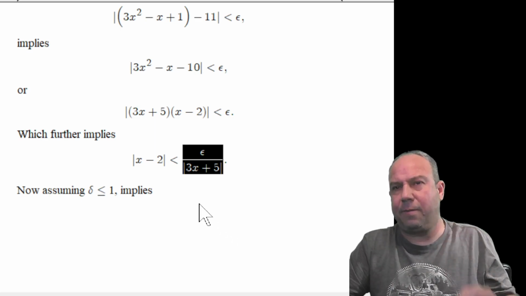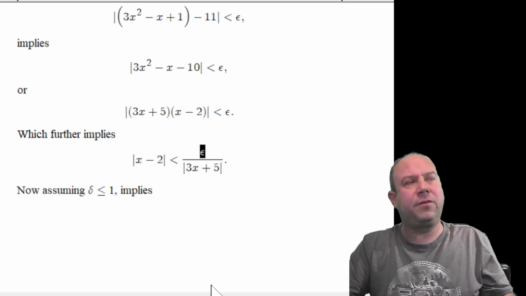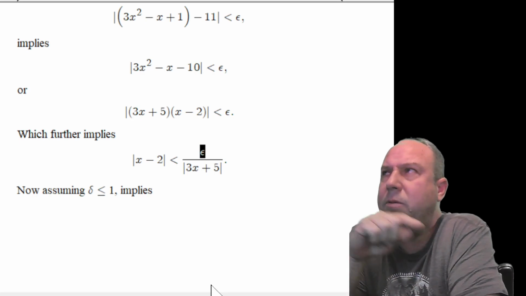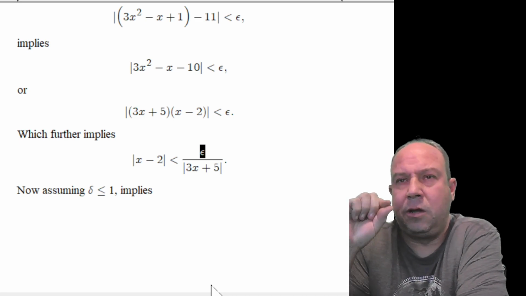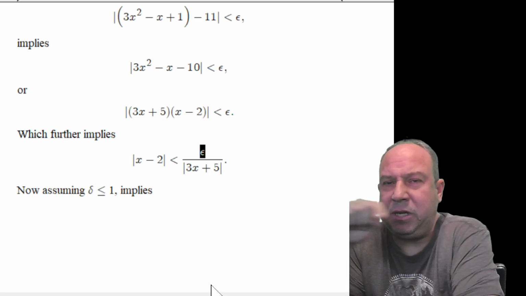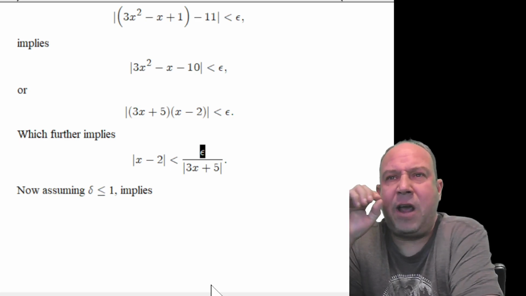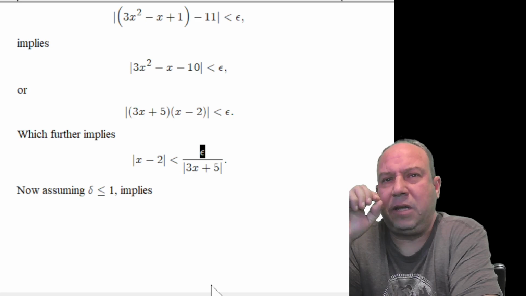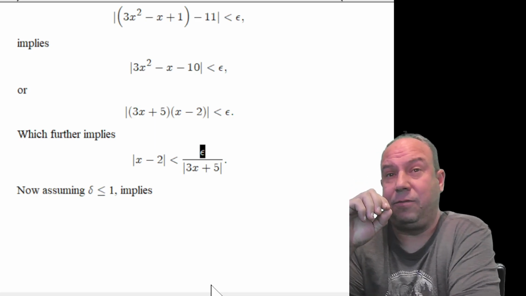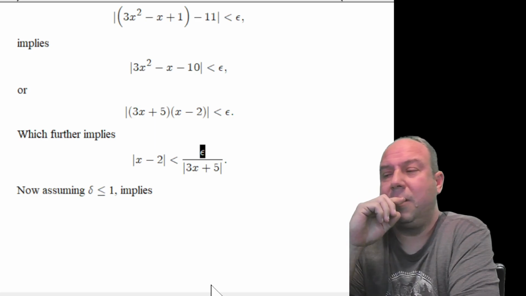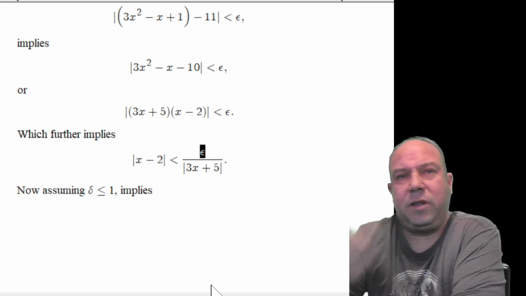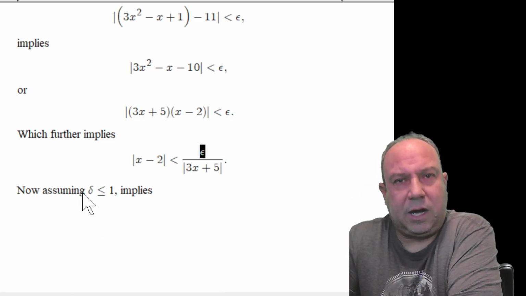Chances are that when you're given a value for epsilon and you're talking about being arbitrarily close to L, you're talking about being really, really close to L, which means your delta is also going to be very, very small. So that's a safe assumption to make to begin with here, that delta is less than or equal to 1.